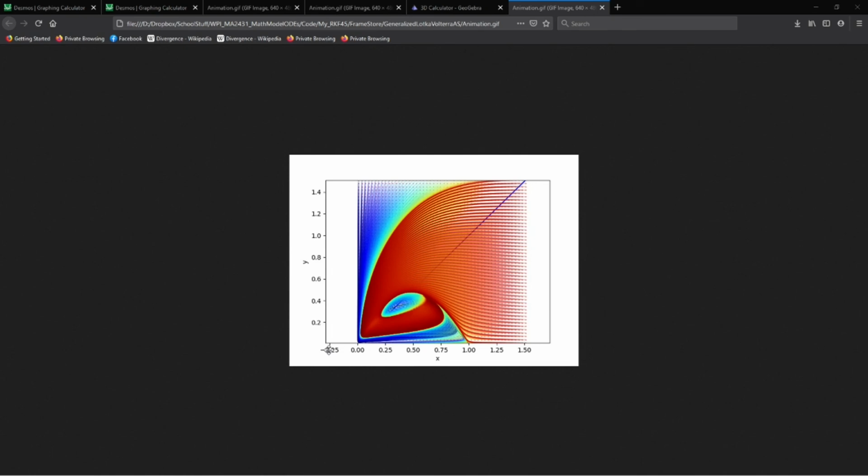And you see the solutions are slowly but surely spiraling down onto that equilibrium point.